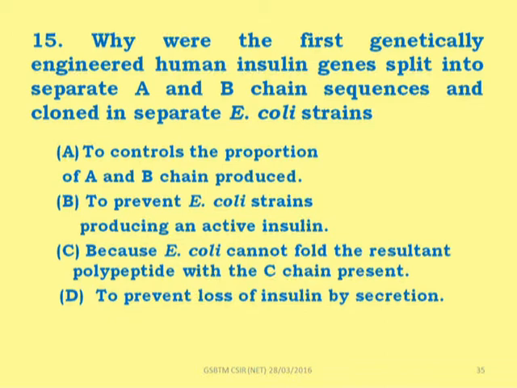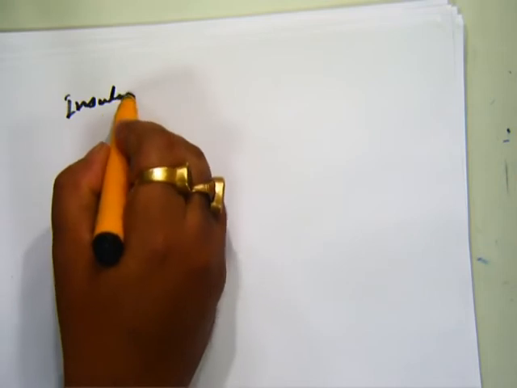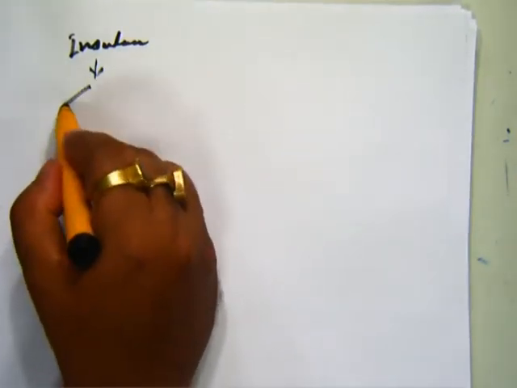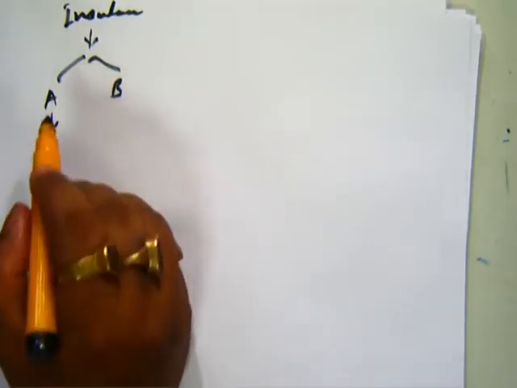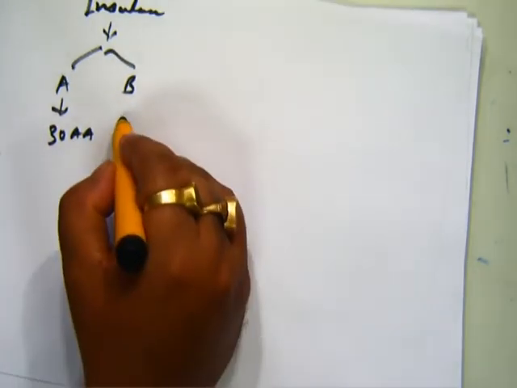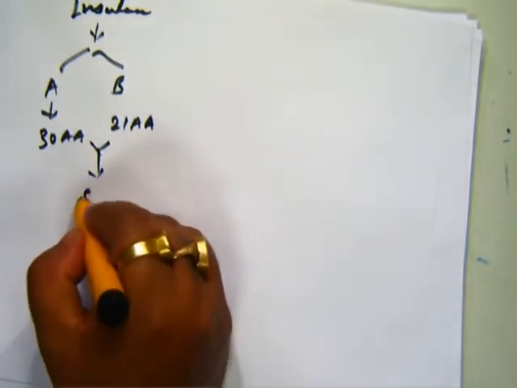Insulin is a hormone which regulates blood glucose level in human beings, and it has two chains, A and B. A constitutes 30 amino acids and B constitutes 21 amino acids. So the total number of amino acids will be 51.